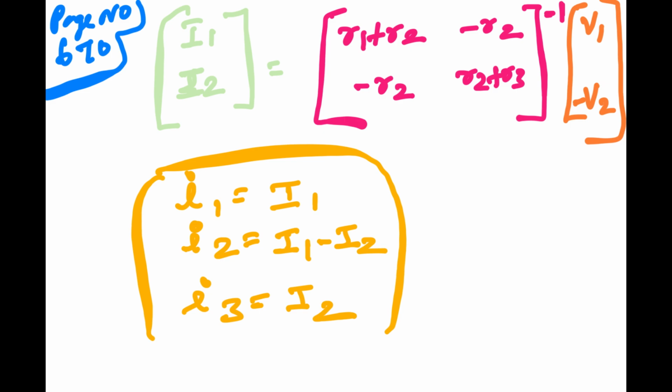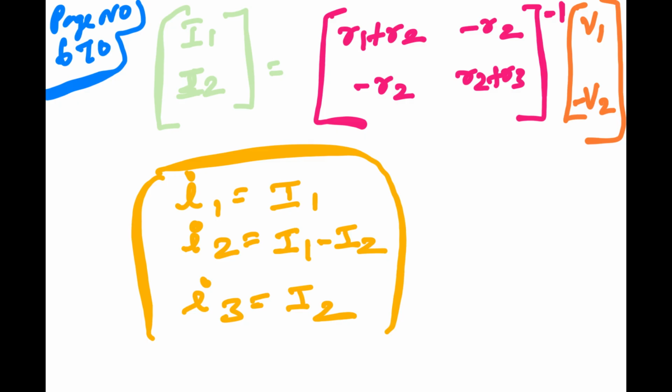From the above two equations we obtain the matrix format. From the circuit we obtain small i1 is capital I1. Because the R2 resistance carries both mesh currents 1 and 2, small i2 is capital I1 minus I2.